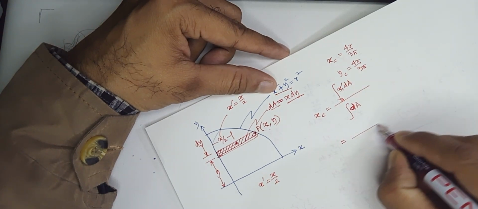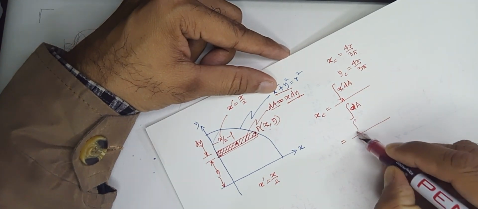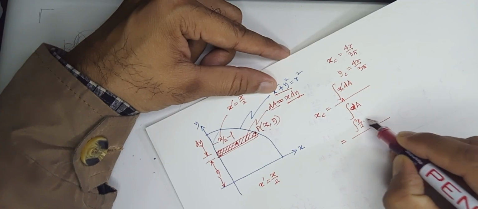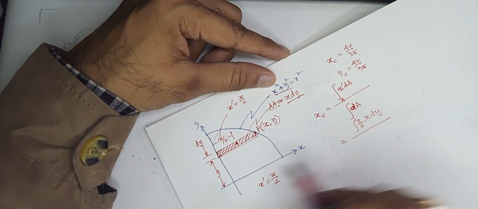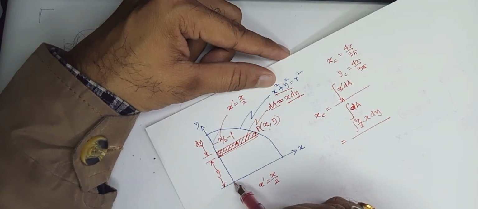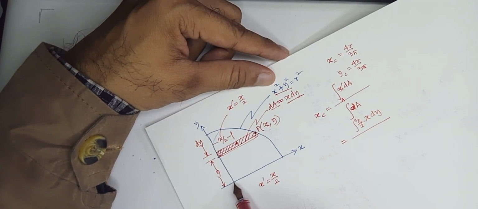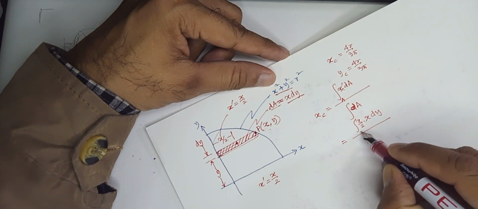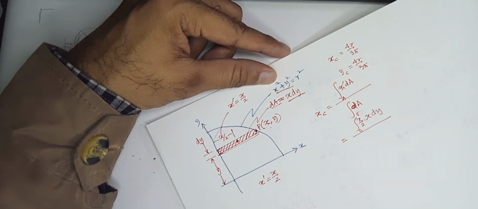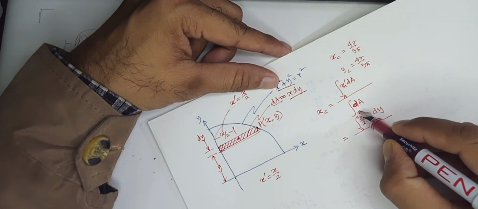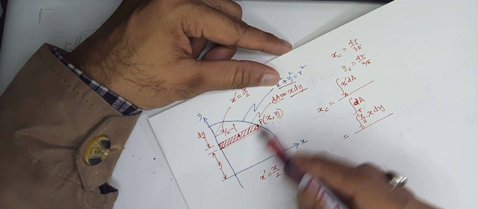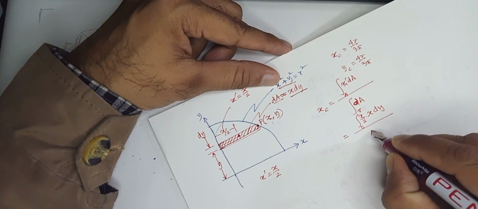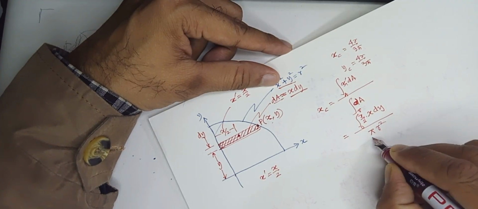I can write this as x by 2 multiplied by x dy, for the range of y from 0 to r. And here the integral of dA will be simply the area of the quarter circle, which is pi r square by 4.